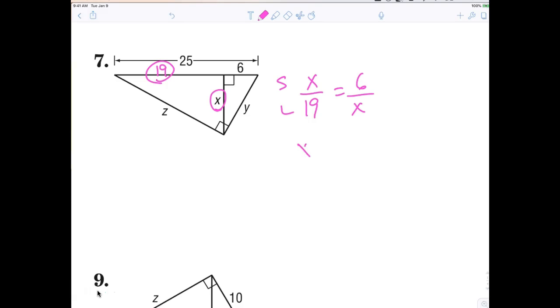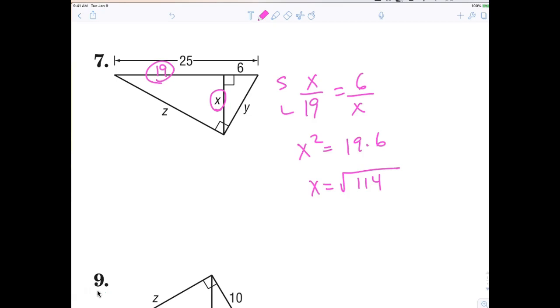So now we have x squared is equal to 19 times 6. And again, 19 and 6 don't share anything. So x is just the square root of 114.